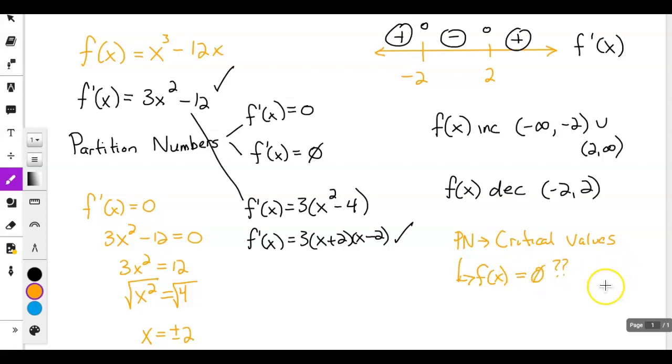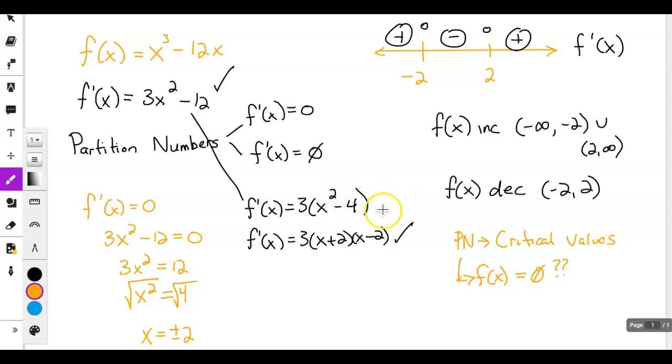If they do, then they are not critical values. And what that means is they cannot be a relative max or min. Okay, so I don't have to say it again because you can pause the video and rewind that, but that's super important. If your partition numbers are not critical values, they cannot be relative maxes or relative mins.